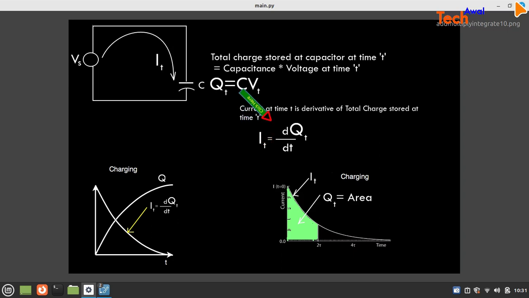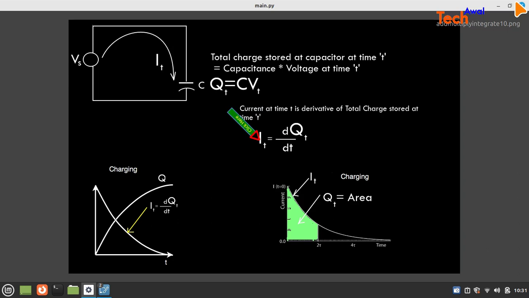If I know the voltage at any moment, I know how much charge it has deposited. If I want to know the current at that moment, I have to differentiate dq by dt, and whatever current I get is the differentiation of the area.